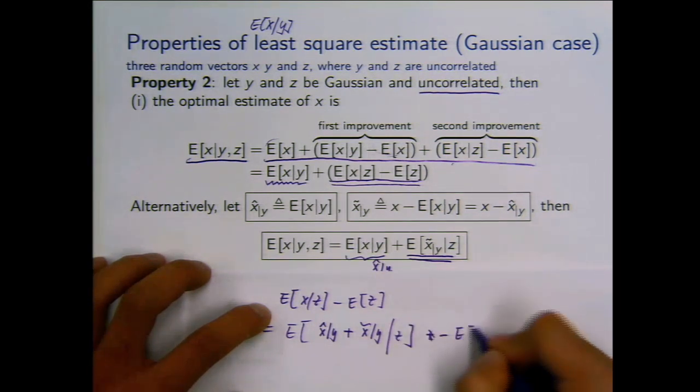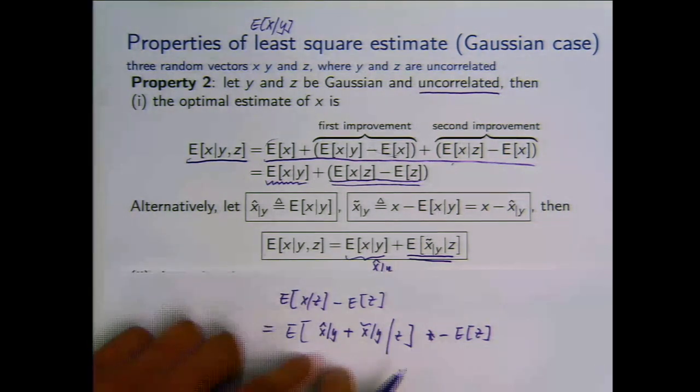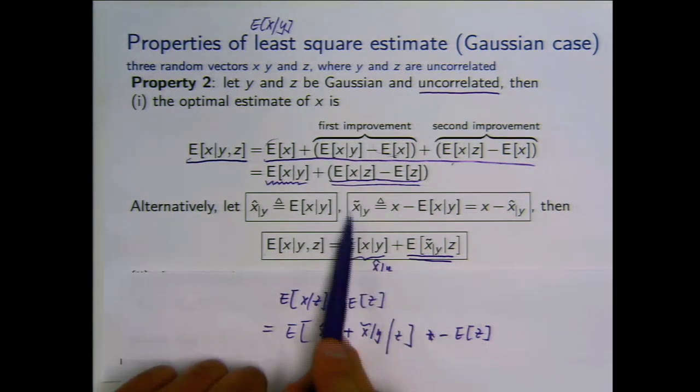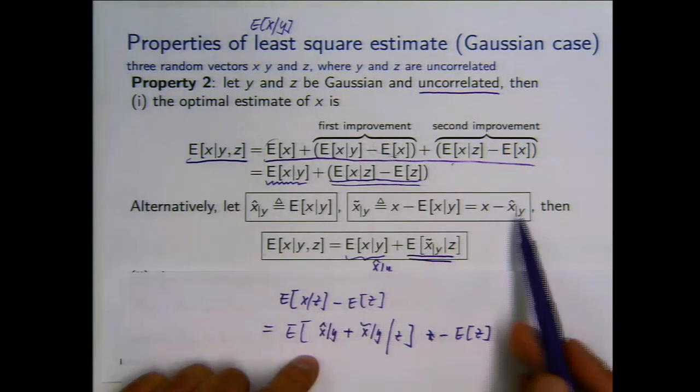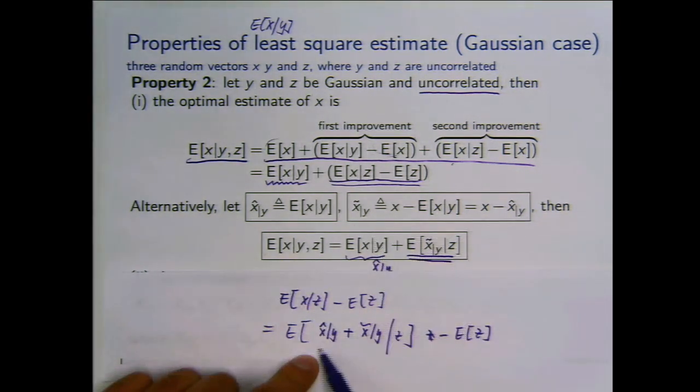Minus. We have introduced this: x tilde slash y is x minus x hat. So if I swap the orders, x is going to be equal to these two terms here.